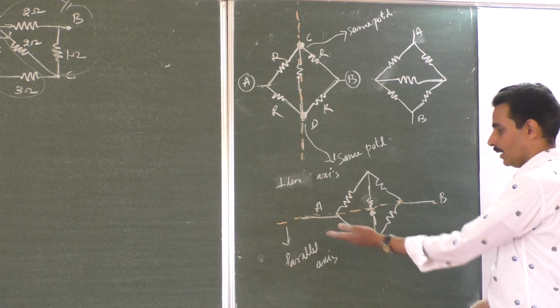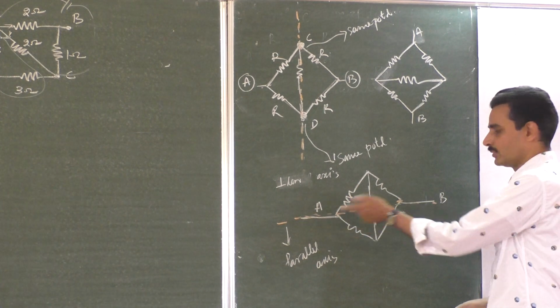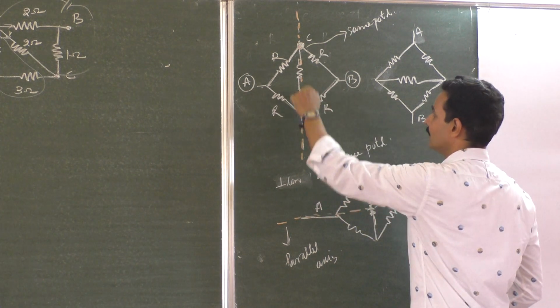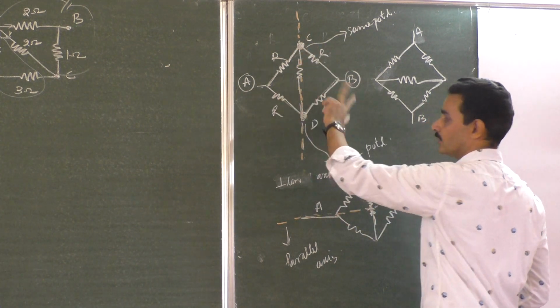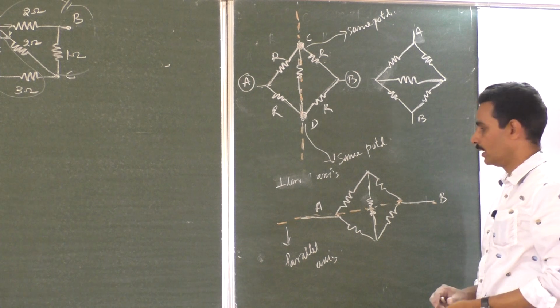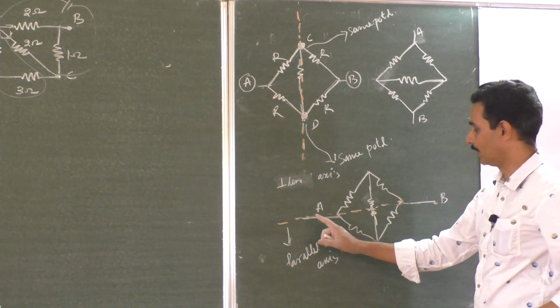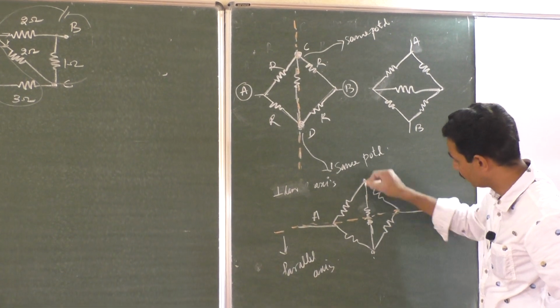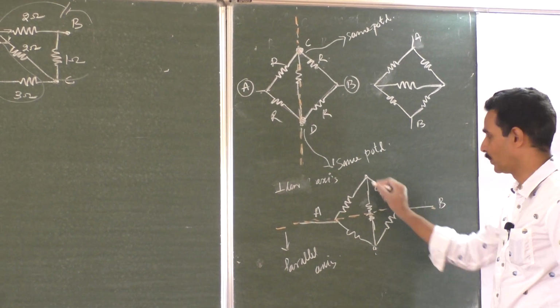Parallel means the axis which is parallel to the points between which you are going to find the resistance. Perpendicular means the axis which is perpendicular to the points where you are going to find the equivalent resistance. So if the axis is parallel, then the points which are coming on either side of the axis will have the same potential.